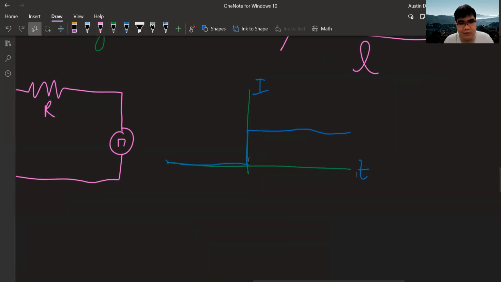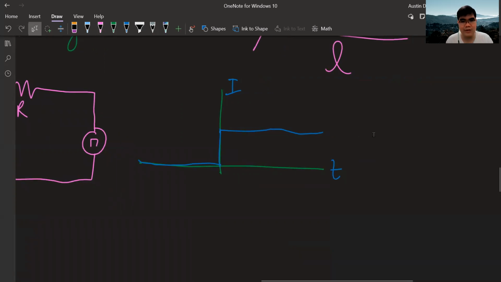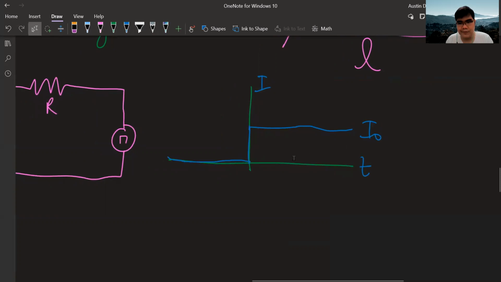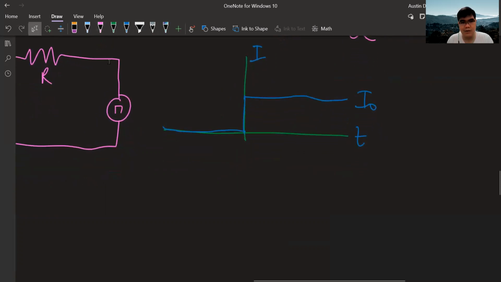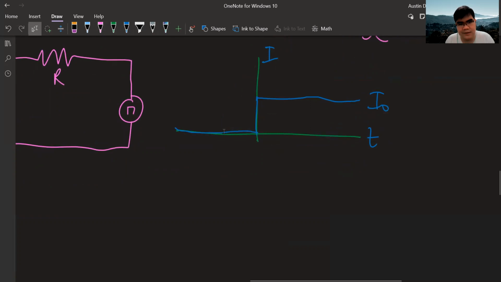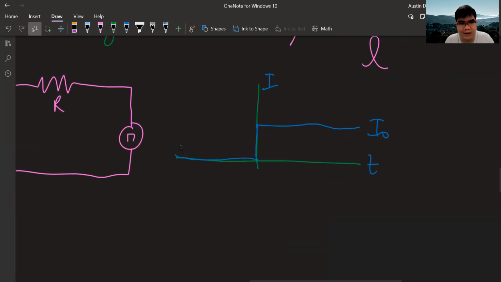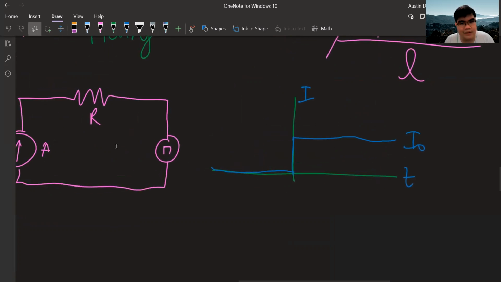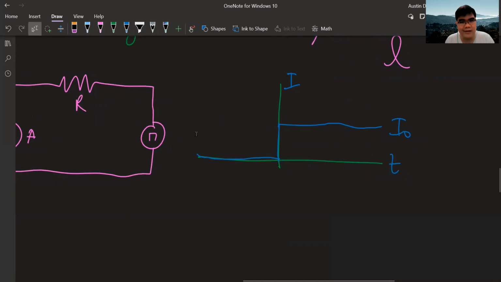At time 0, bumukas yung current source to this amount I naught. Mapansin mo na kapag tinignan mo yung current through the light bulb, you'd actually see the same graph. And that makes sense, di ba?